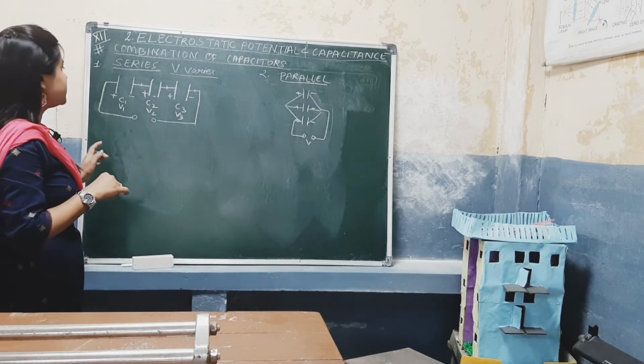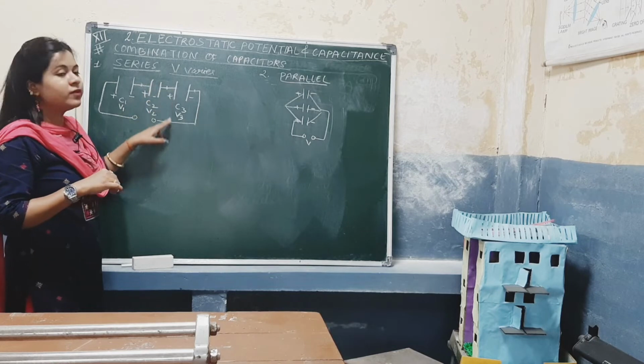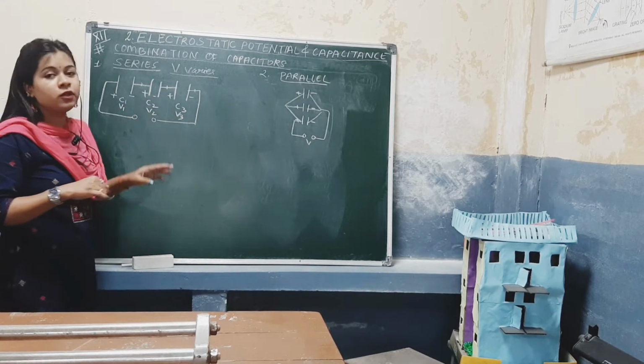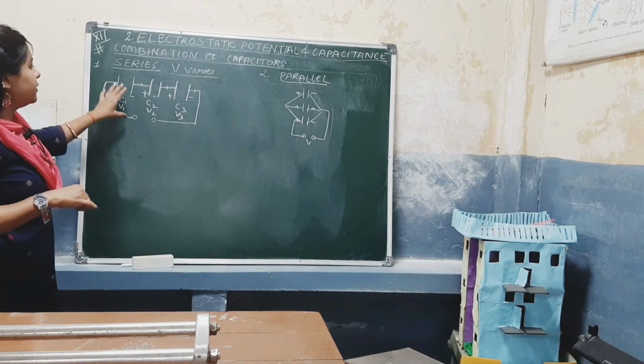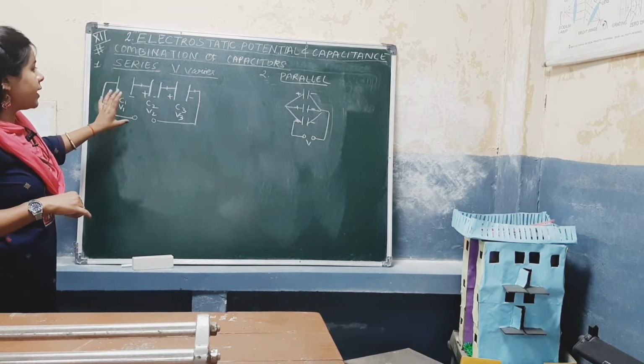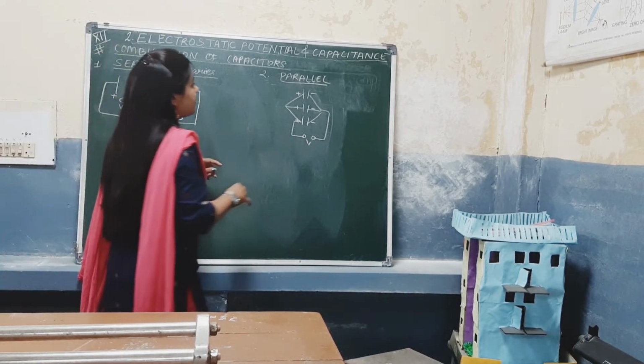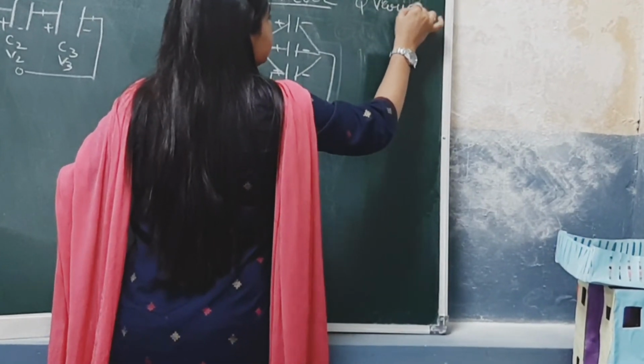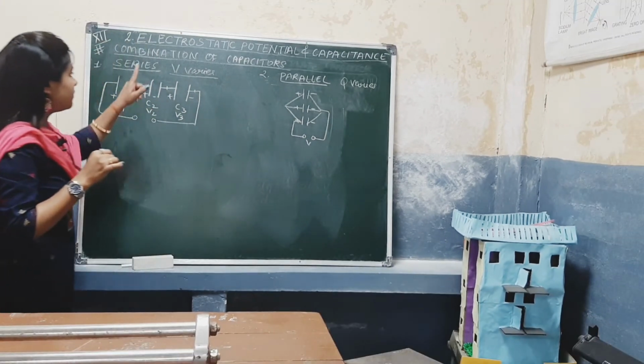Once you understand what things vary in series combination and what things vary in parallel combination, then you can easily derive and find out the numerical answers very well. And in parallel combination what varies is the charge. So in series combination the potential varies.